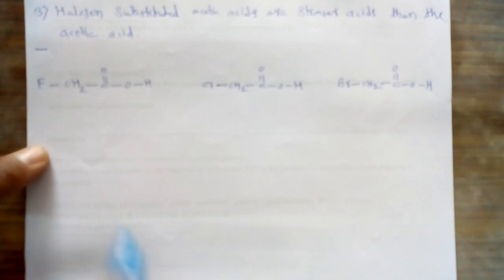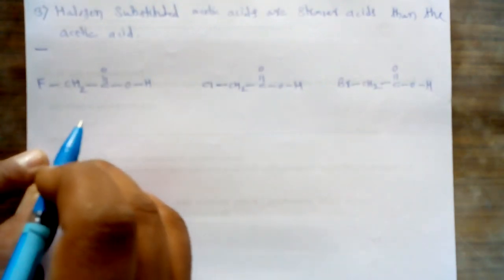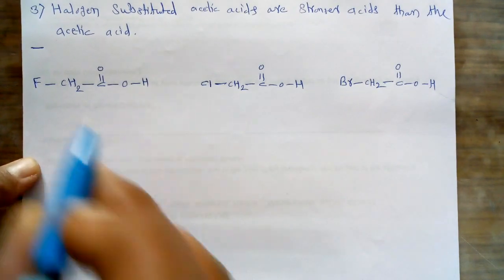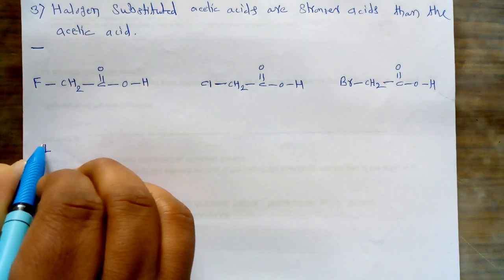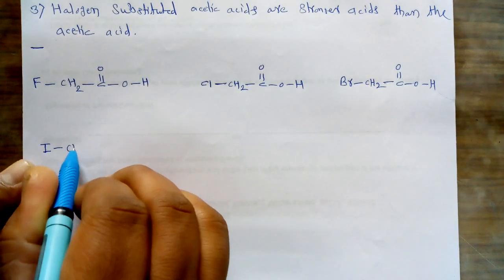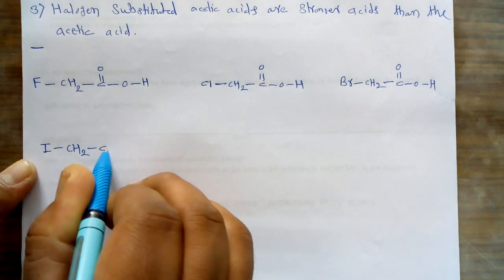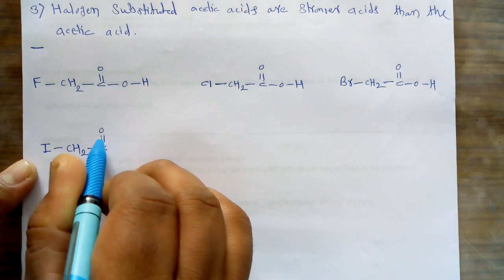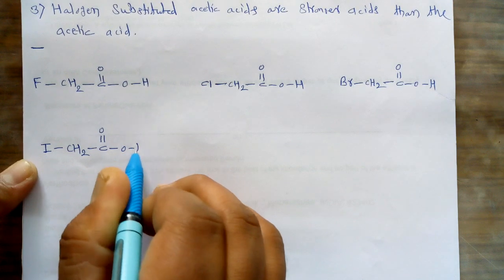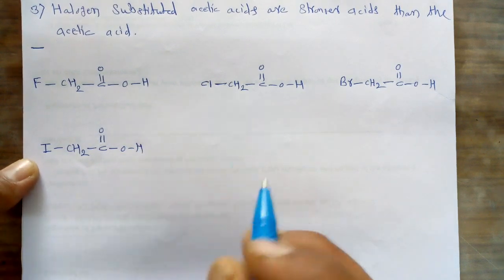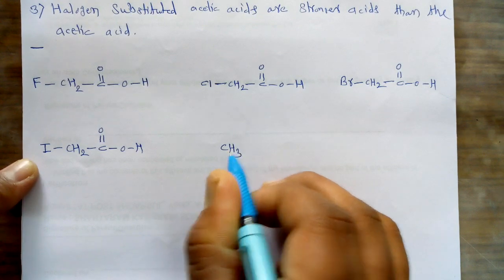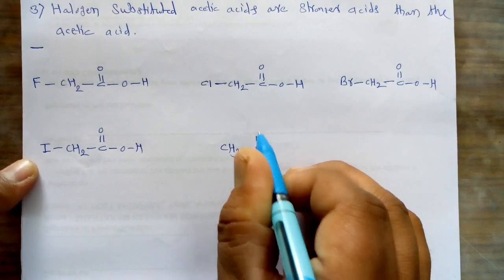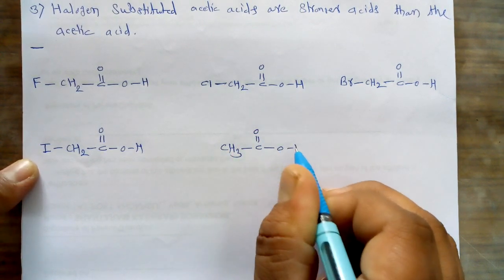The next example is iodine substituted acetic acid, I single bond CH2 single bond C double bond O single bond OH. And last we take simple plain acetic acid, that is CH3 single bond C double bond O single bond OH.